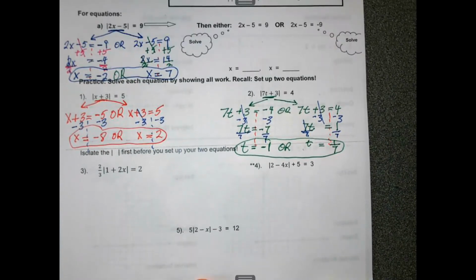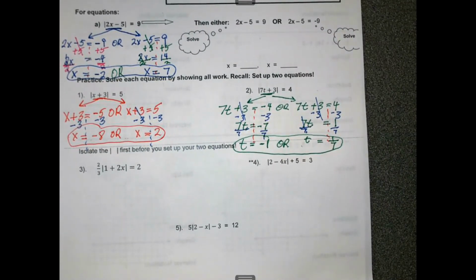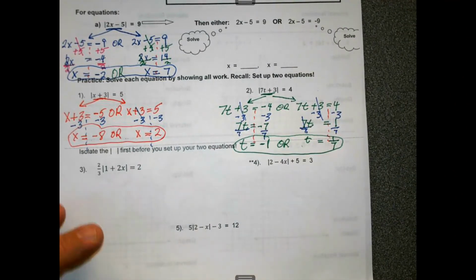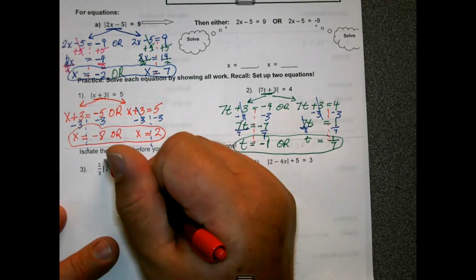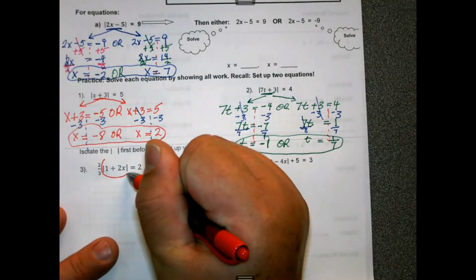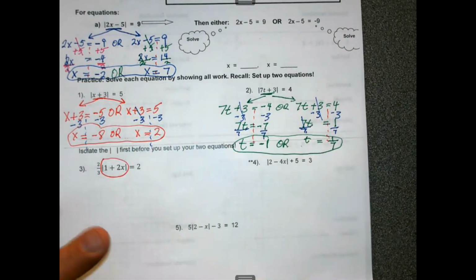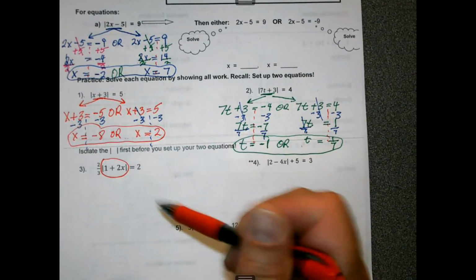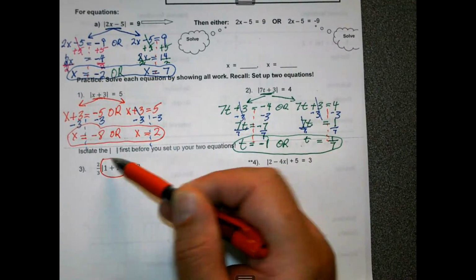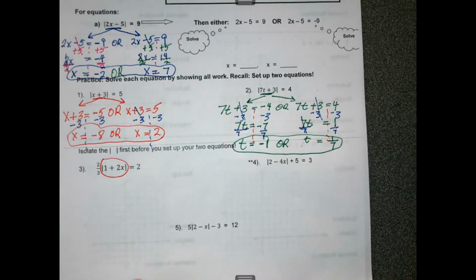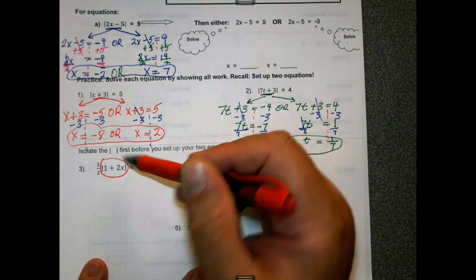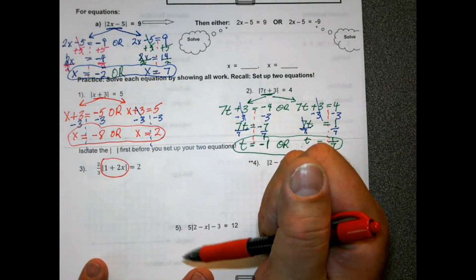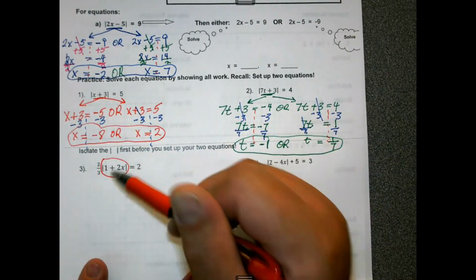All right, to solve for these, when we split up these absolute values to find the location points, this one has an issue. It's being multiplied by 2/3. Before you split these up, you have to get that absolute value term, the bars, by itself. This is actually one term. Think of that 2/3 as a coefficient.